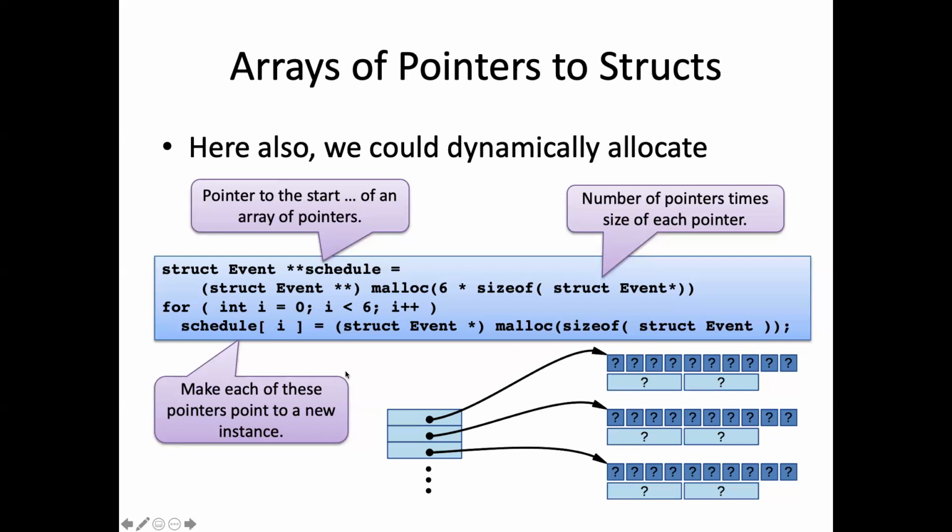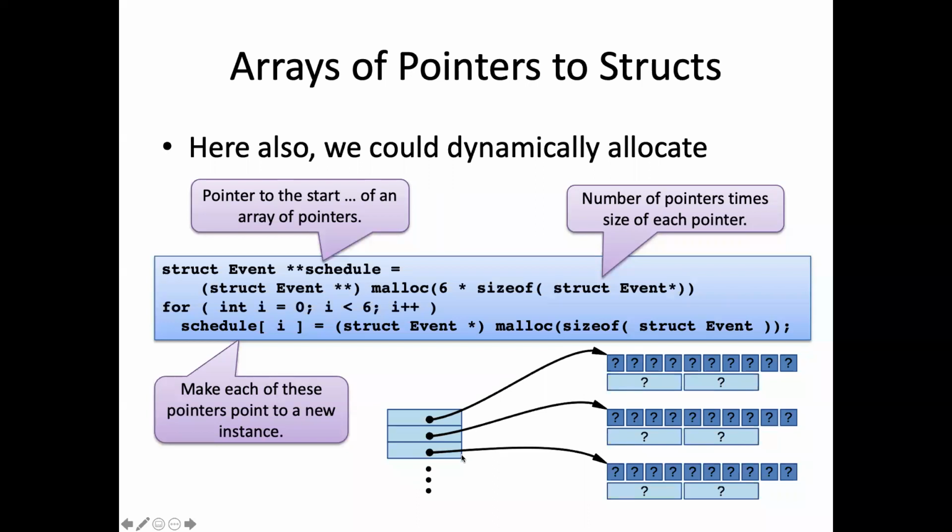I'll say one more thing about this because I've seen people make mistakes. Normally, you probably wouldn't allocate all of these uninitialized structs all at once. You would probably allocate this array of pointers, and then allocate these as you needed them. If you've got an array of pointers, each of them could point to a struct, but until you've made some events to fill it in, you're probably going to leave these pointers uninitialized.